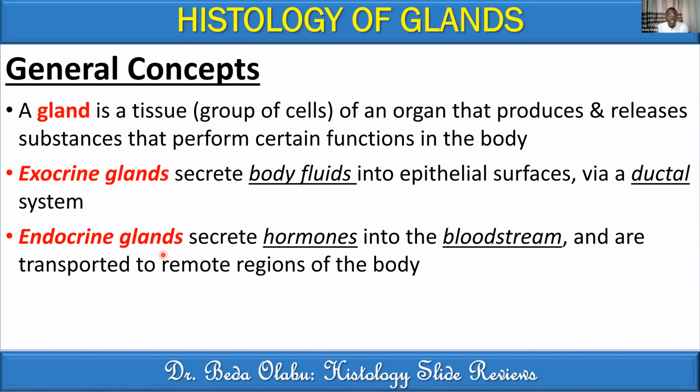So the only way that these chemical messengers can be transported, can move from the site of production to the site of action is if they're released into the bloodstream. The bloodstream here, therefore, becomes a mechanism of transporting the chemical messengers from the secretory cell, which is in the gland, to the target cell, wherever it is. Therefore, you understand that hormones will have to circulate all over the body generally.